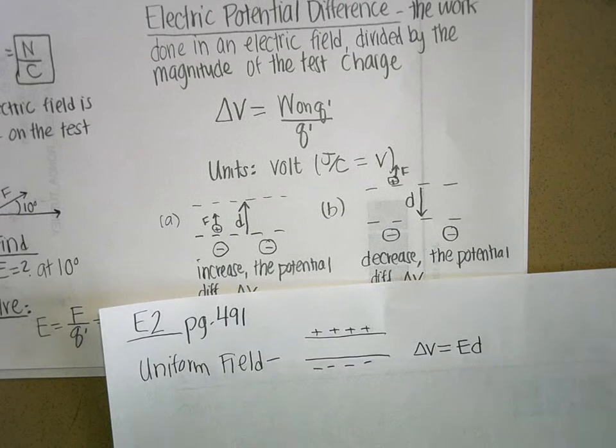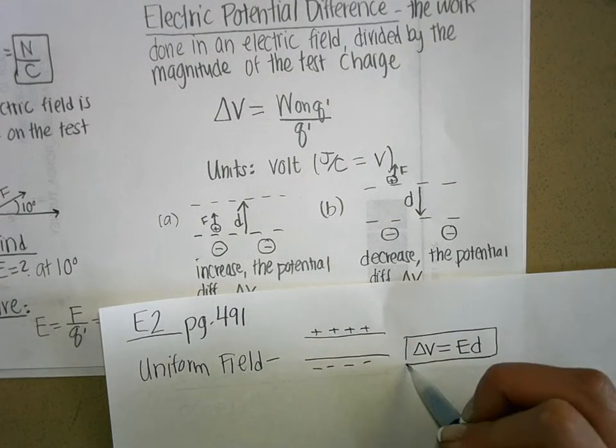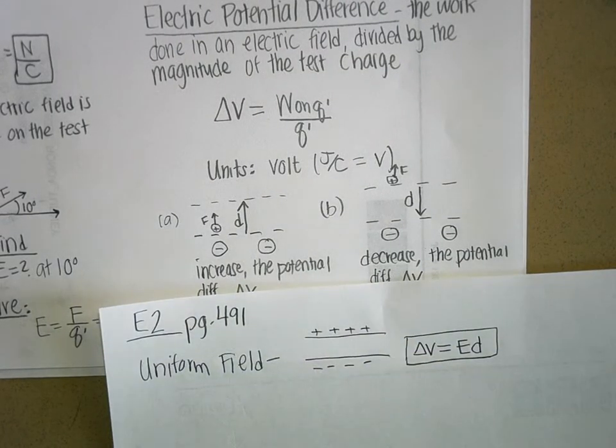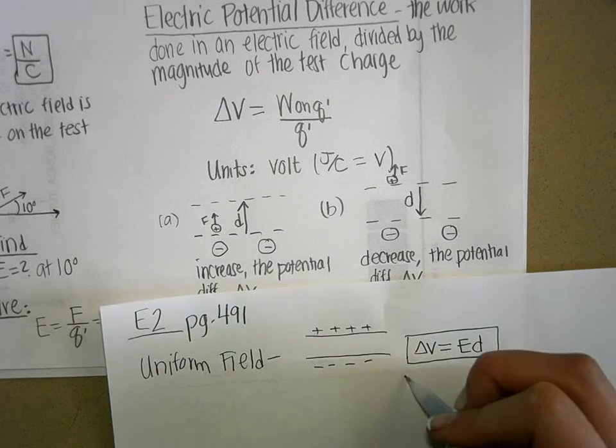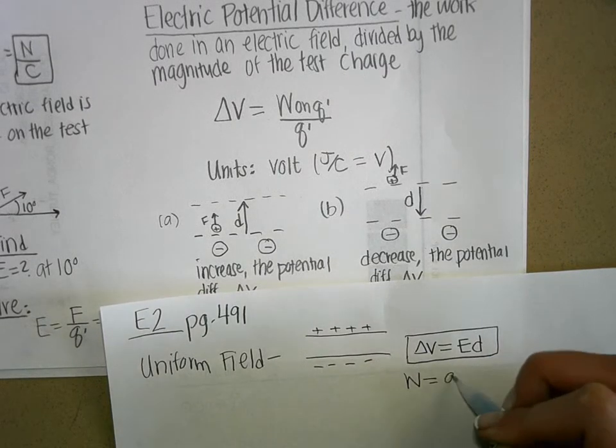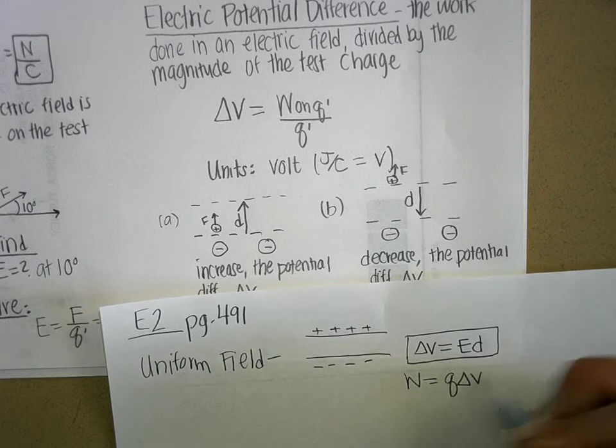So this equation you're going to be using for at least half of your homework problems today. And any problem that you're given on the state test is going to be a uniform electric field. So you can use delta V is equal to electric field times distance to solve those problems. And you can also solve for work by just doing the charge times the potential difference.